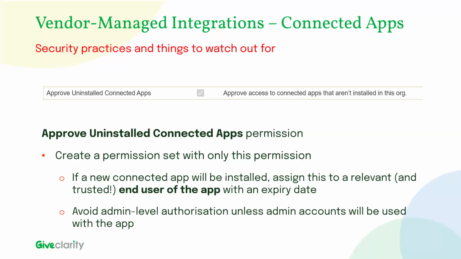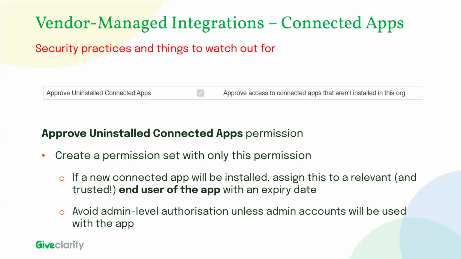you work with the users that the app will be connecting through, and temporarily assign those users this approve uninstalled connected apps permission, which allows them the initial authorization to be done as that user. So in the context of something like Form Assembly, the example somebody mentioned a minute ago, that might be a Form Assembly integration user.